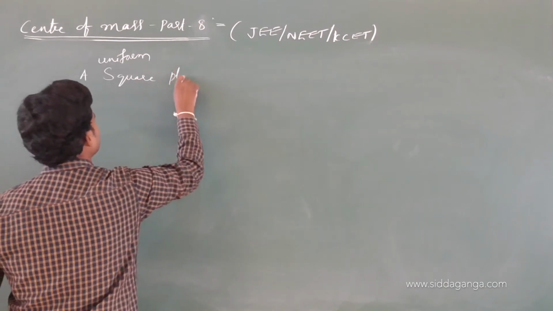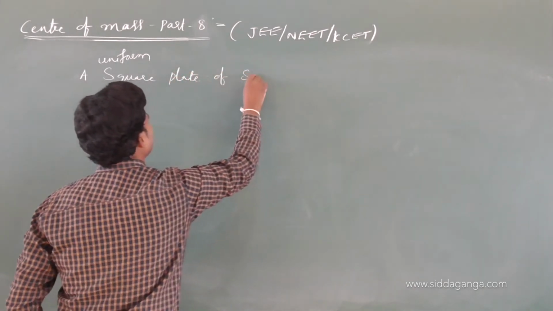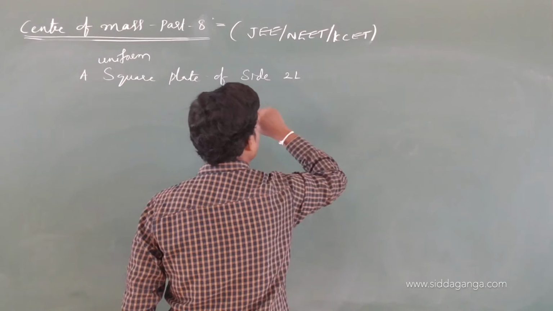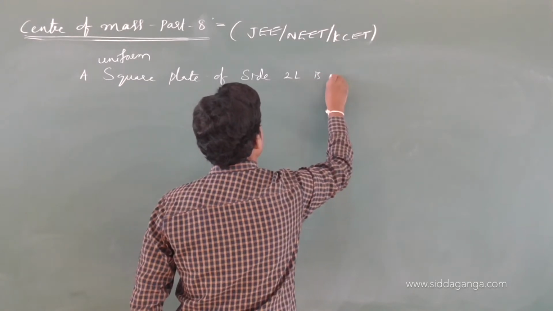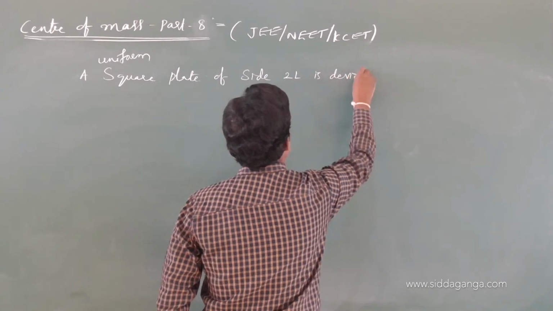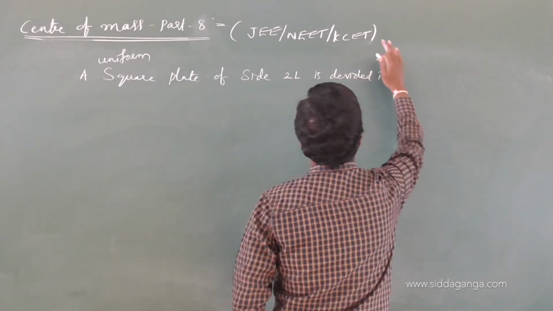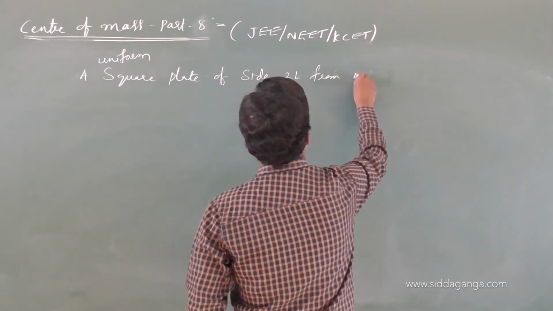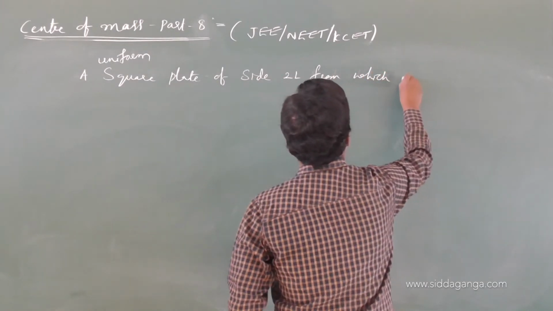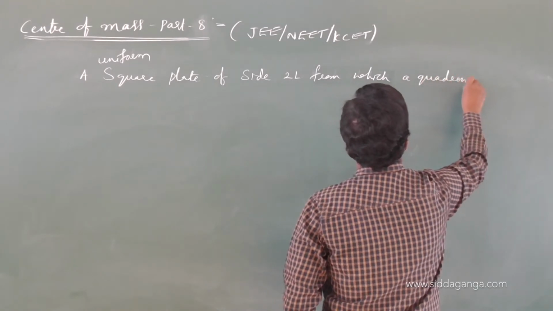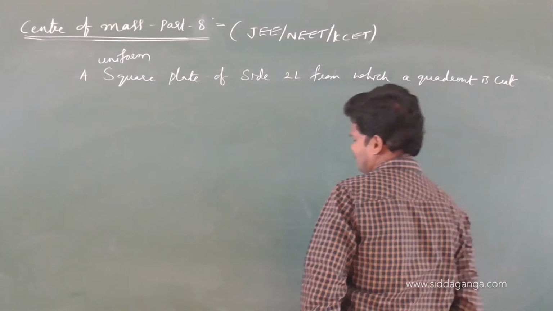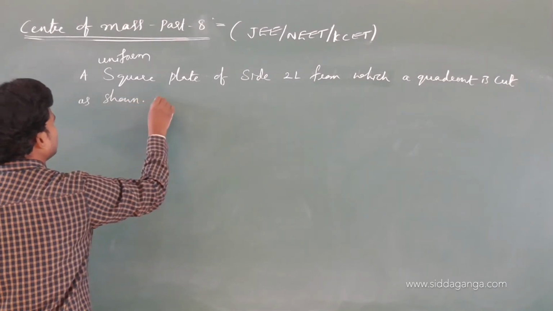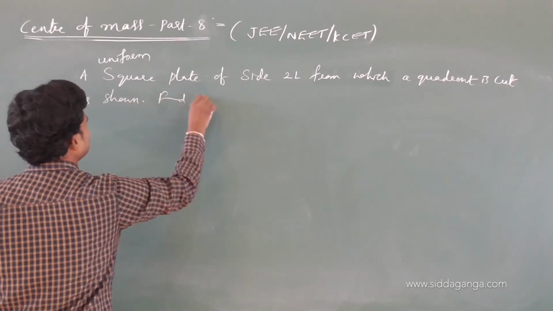A square plate of side 2 capital L, from which a quadrant is cut, as shown in the figure. Then find the shift in center of mass.